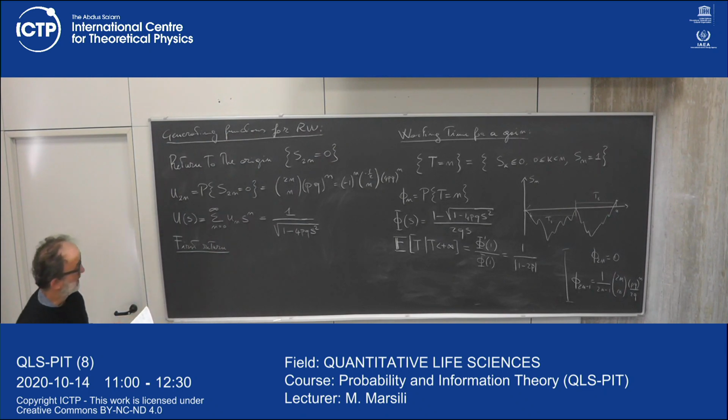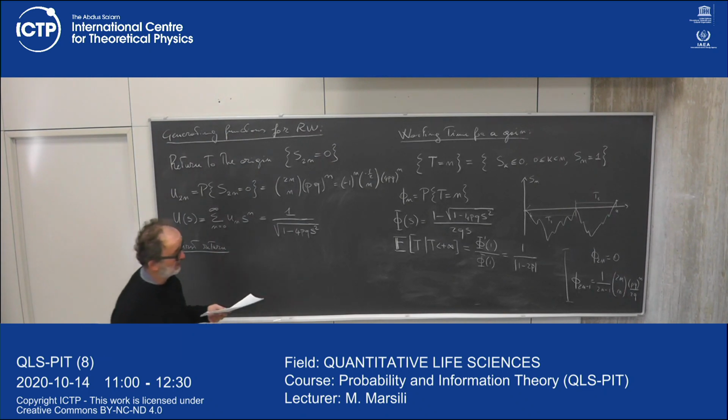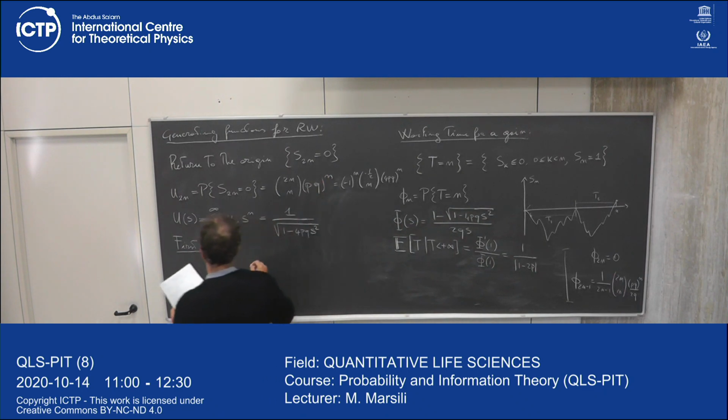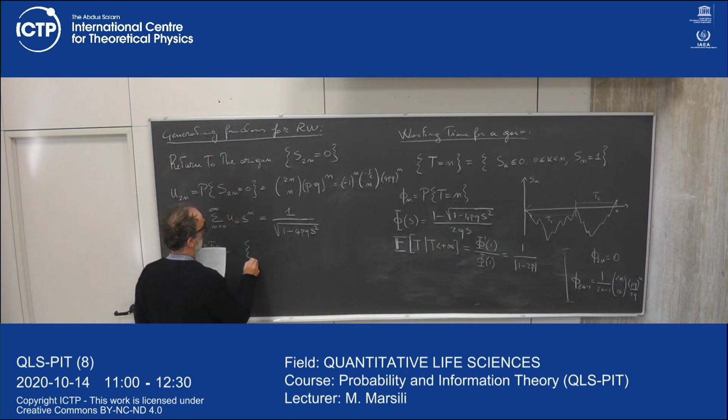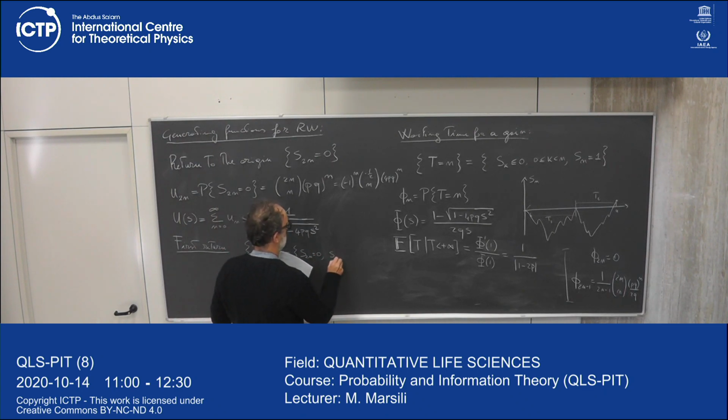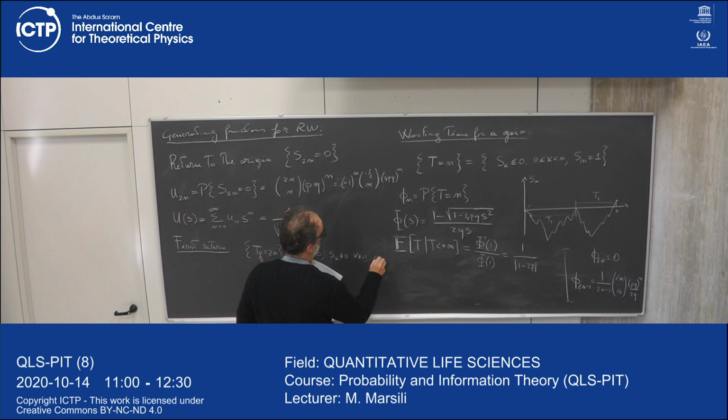Distribution. Again, I remind you, a first return to the origin is the event that S2n, so a first return occurs at time 2n if S2n is equal to 0 and Sk is different from 0 for all k that go from 1 to 2n minus 1.